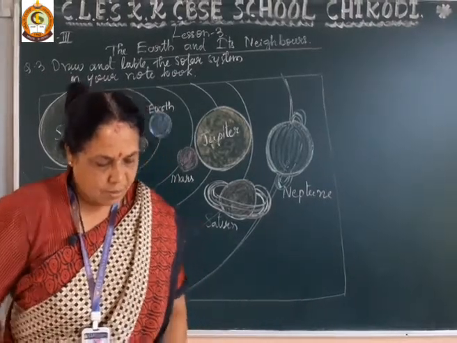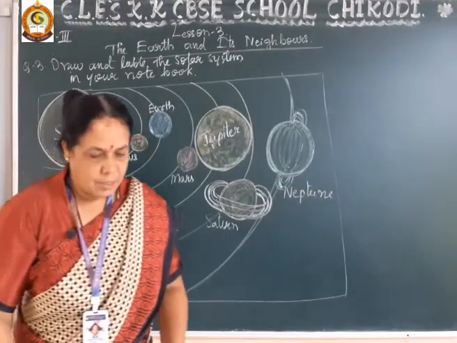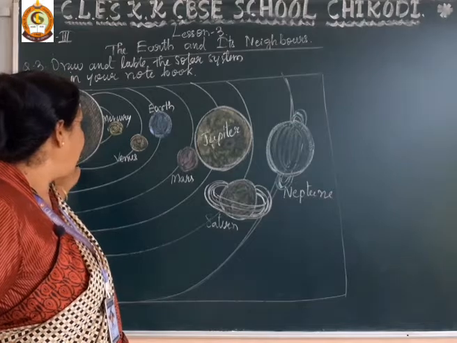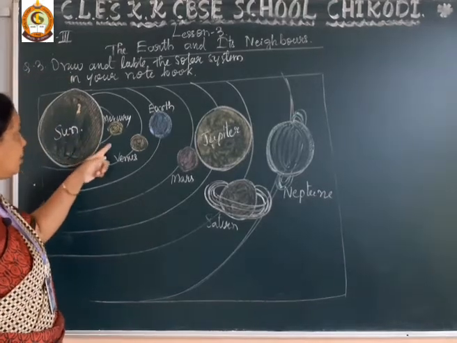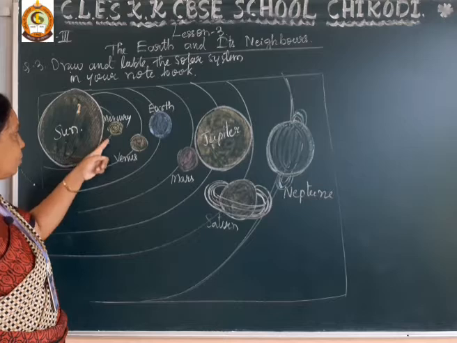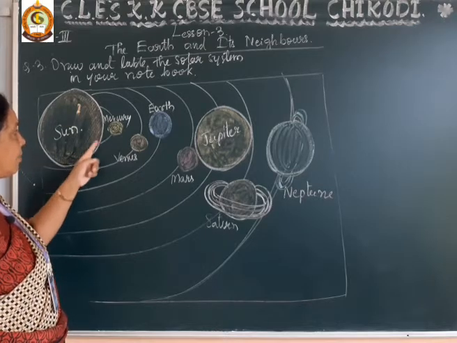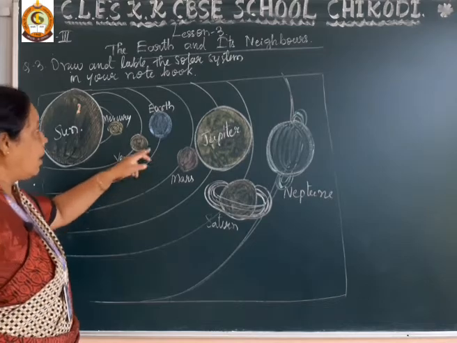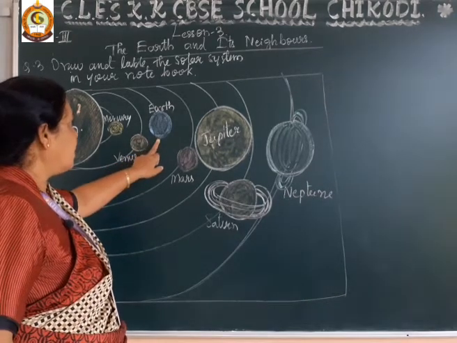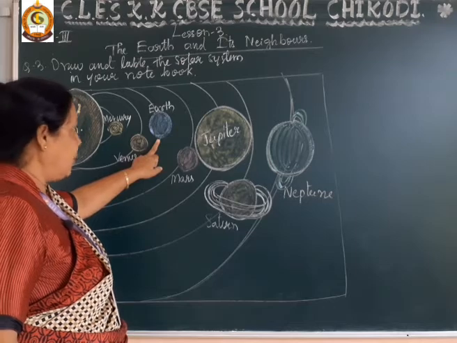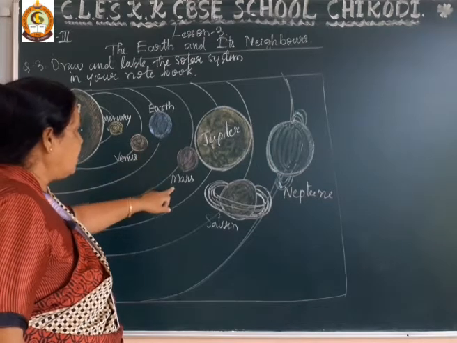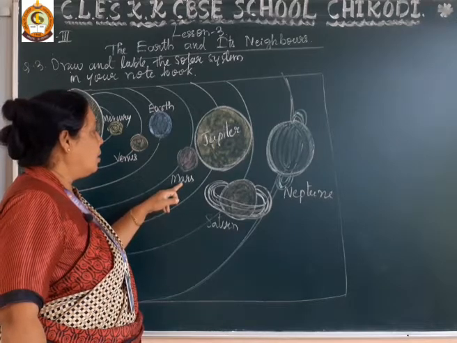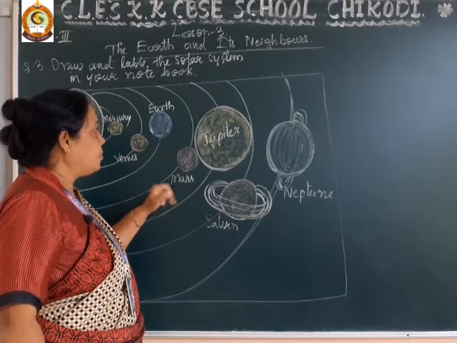So here the sun is a big ball of fire, and next to the sun is Mercury. It is the closest to the sun, and after Mercury, Venus. This is the hottest planet, and after Venus, the third planet is Earth, where we are all living. After this, Mars. This is also called the red planet. Okay, dear student.